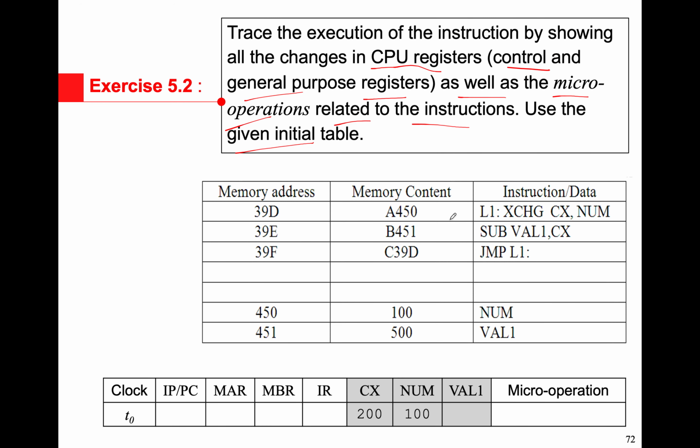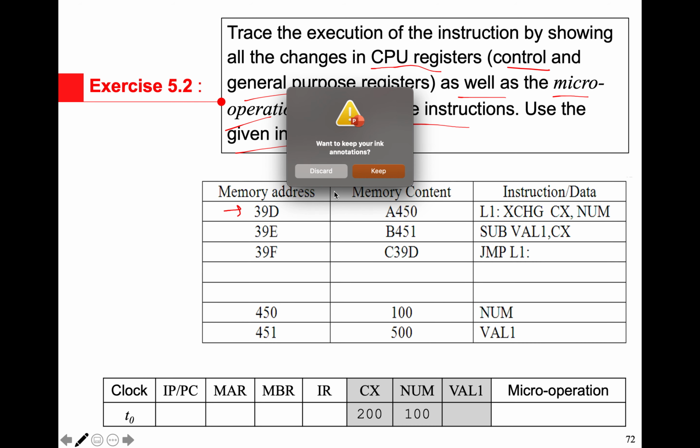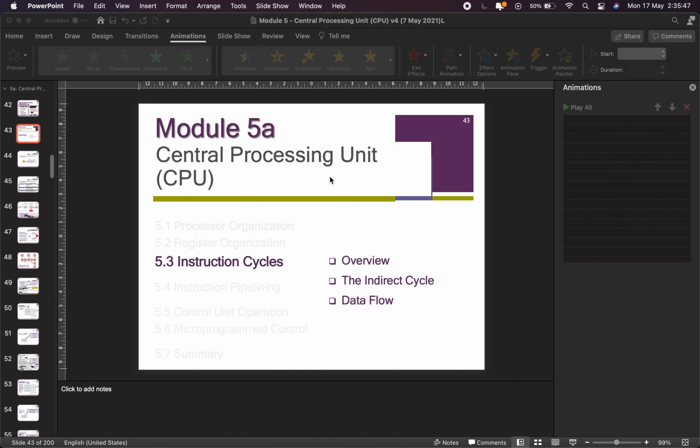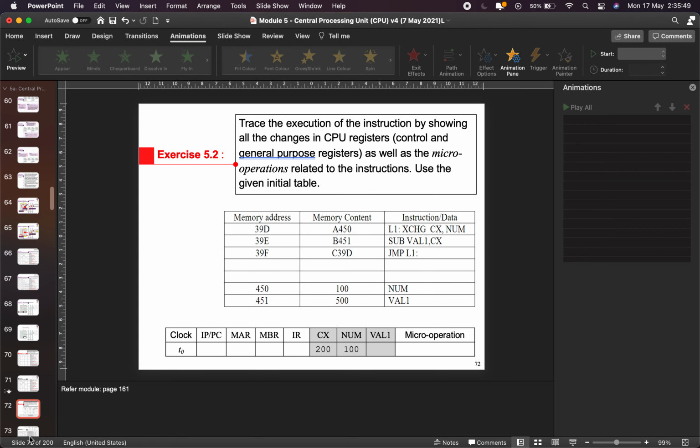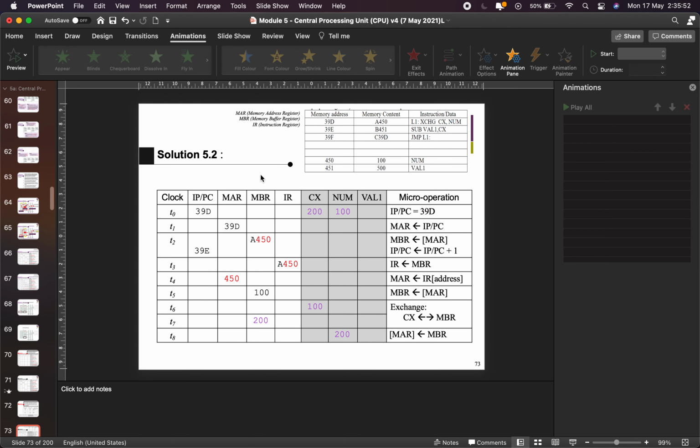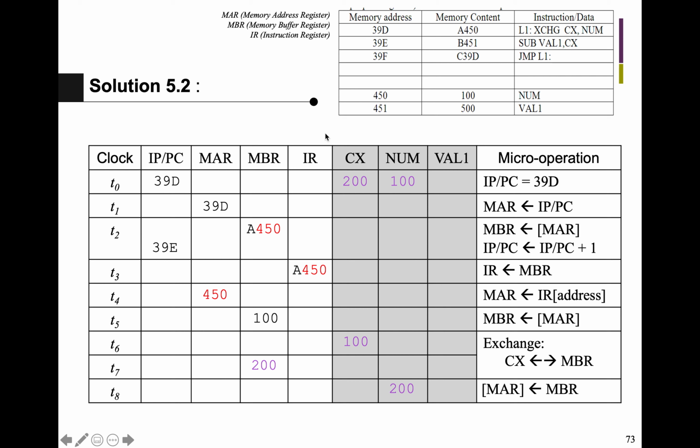Oh, the answer came out straight away. So what you're going to do is first of all, you're going to see the initial address is 39D. Let me show it step by step. I just share, okay.